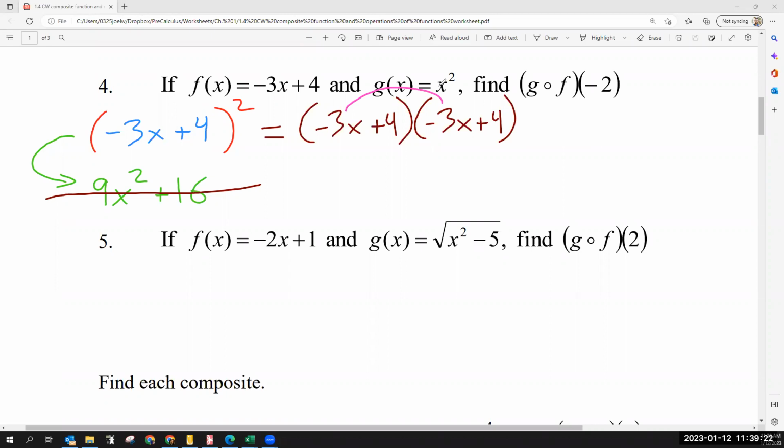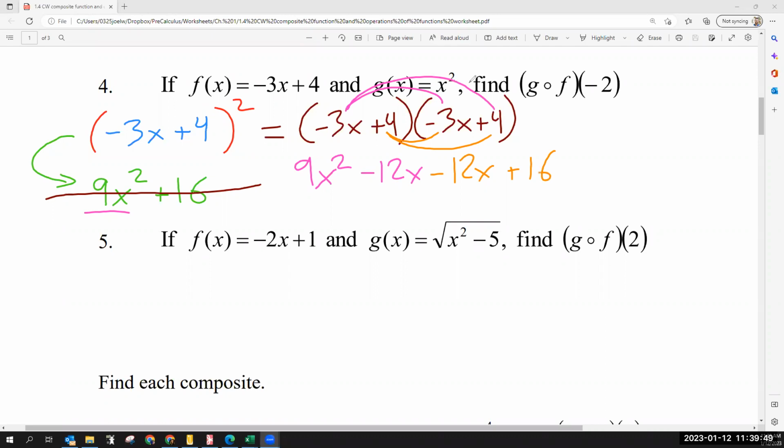Either way, those two multiply and I get 9x squared. -3x, I'll distribute over here. 4 times -3x. And then 4 times 4 is 16.